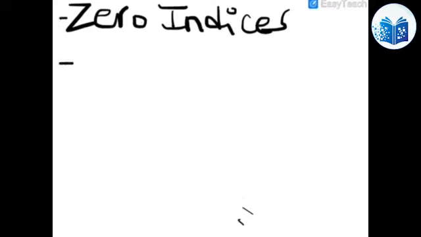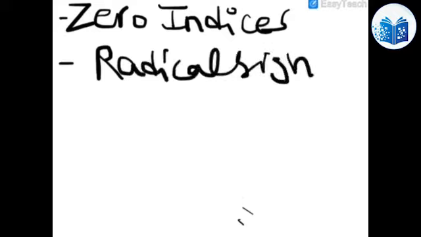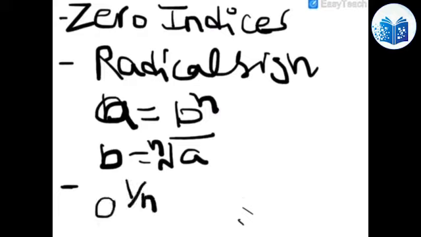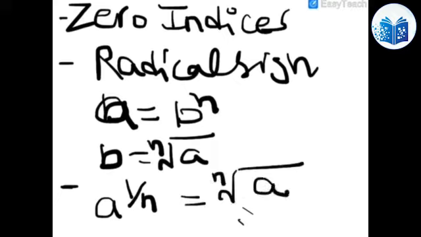The second one was indices with radical sign. That was a is equal to b power n, then b is equal to the nth root of a. Then we did the next law, which was rational, where the power is 1 over n and it is always equal to the nth root of a.